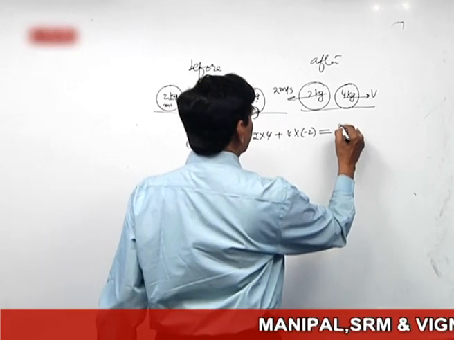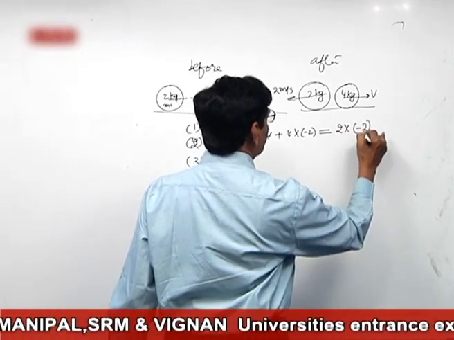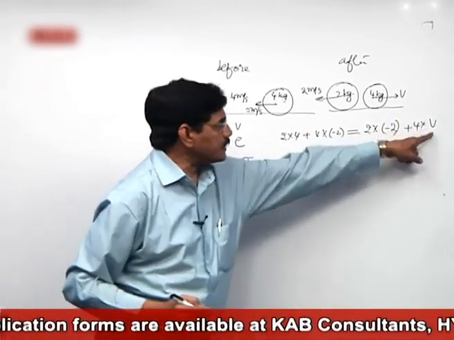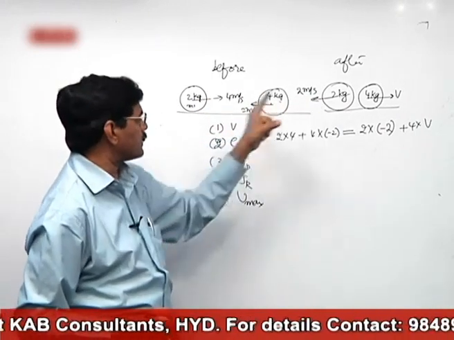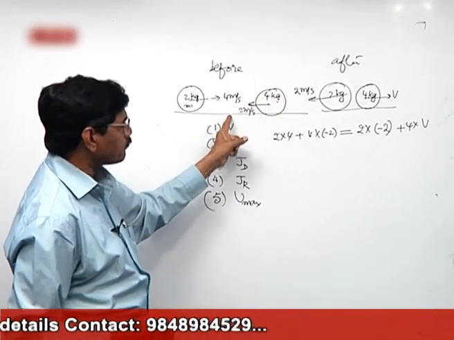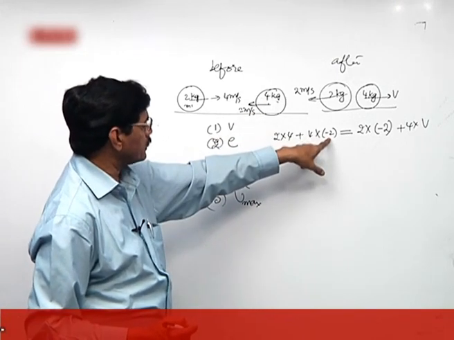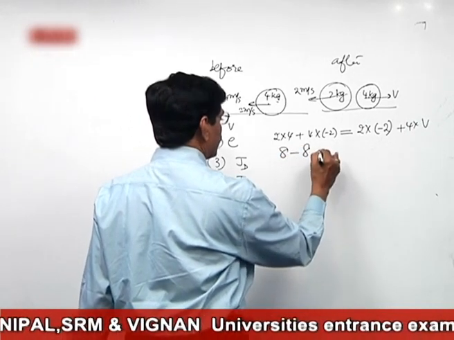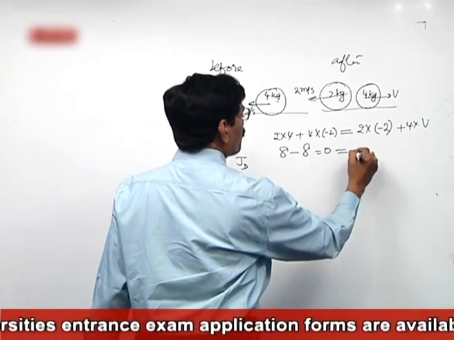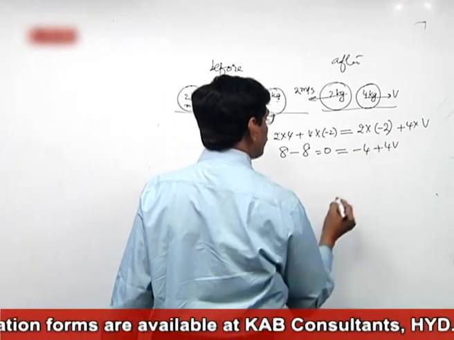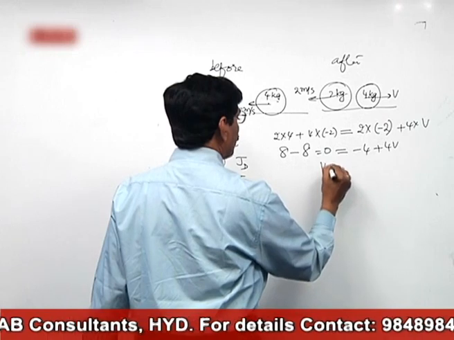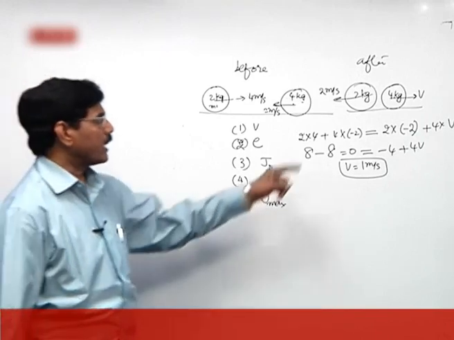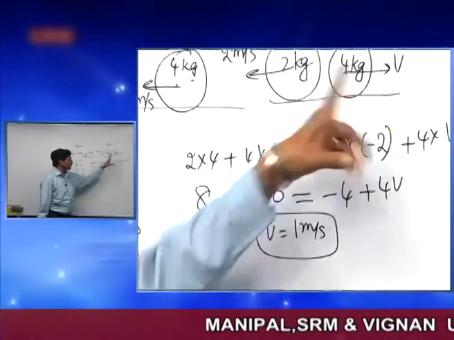In the final momentum, the 2 kg ball is moving with velocity minus 2 meters per second, and the 4 kg ball is moving towards right with velocity v. v is positive because we are considering all velocities towards right as positive and all velocities towards left as negative. So 8 minus 8 equals 0 is equal to minus 4 plus 4v. From this we conclude v is equal to 1 meter per second. By using conservation of linear momentum, we are able to calculate the velocity of the second ball after collision.